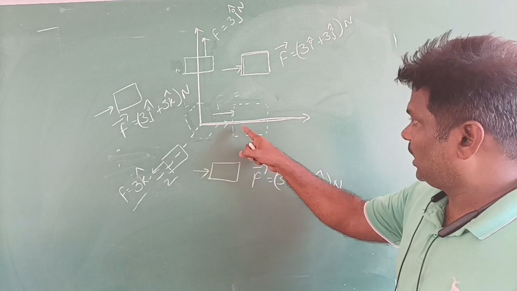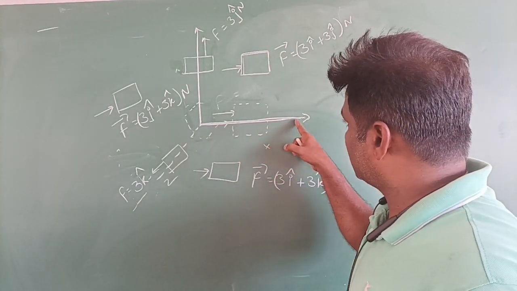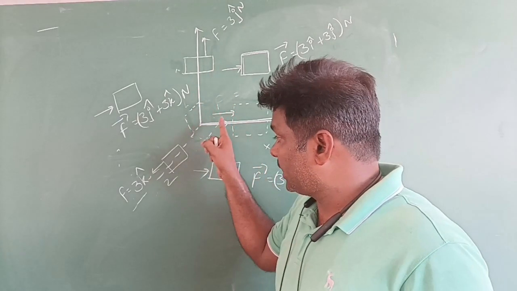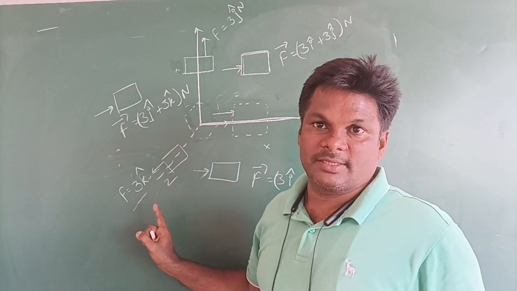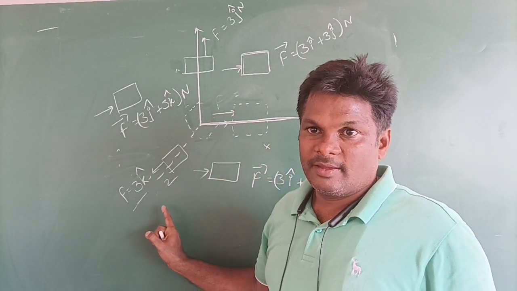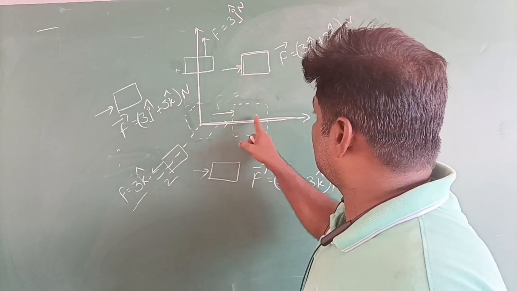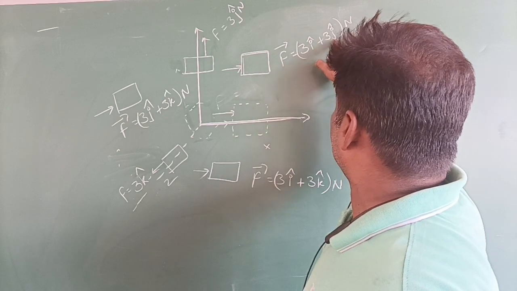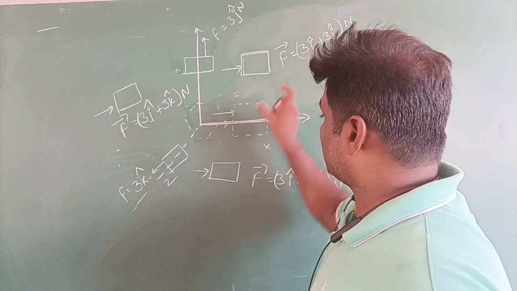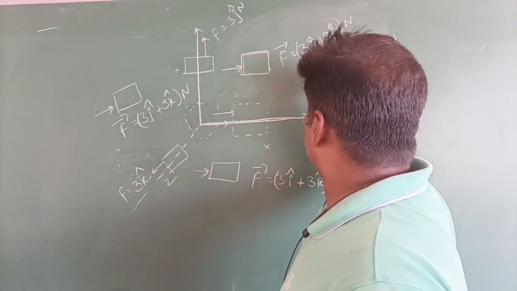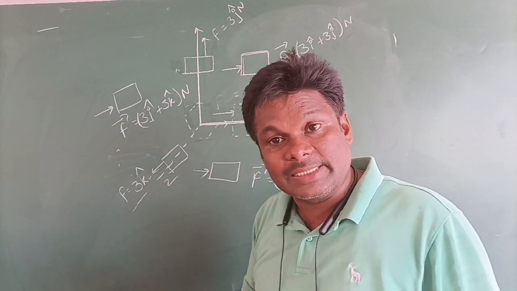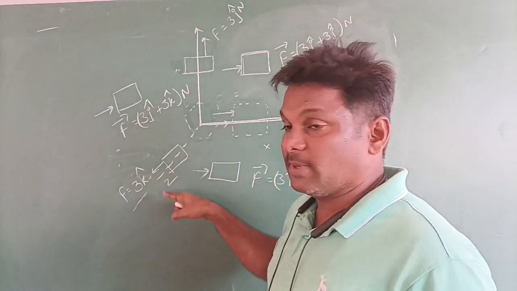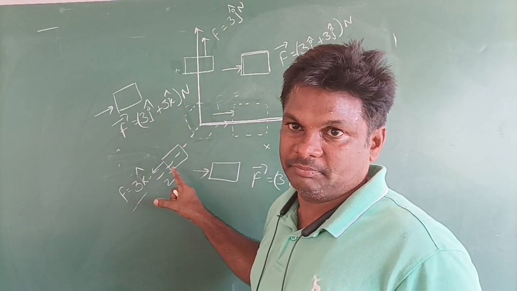Look, i cap is a unit vector along the x-axis, j cap is a unit vector along the y-axis, k cap is a unit vector along the z-axis, right? And when the object is present in the xy plane, your F bar is equal to 3 i cap plus 3 j cap. Here it is independent of the z-axis, so the k coefficient is 0. Suppose the object is present in the yz plane.